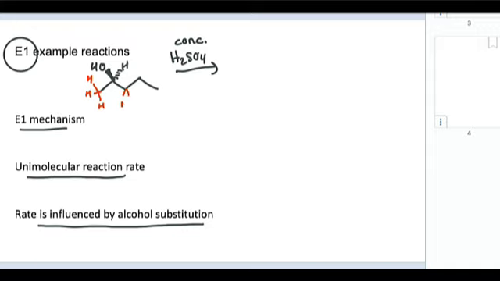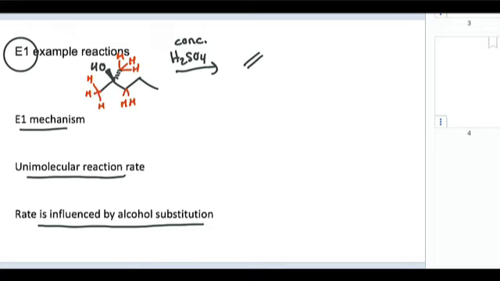And I have a couple of beta protons here, and actually I intended this to be a methyl group. So we have actually some beta protons here as well. And so there's a number of ways we can form product here, in two places that we could form a double bond.